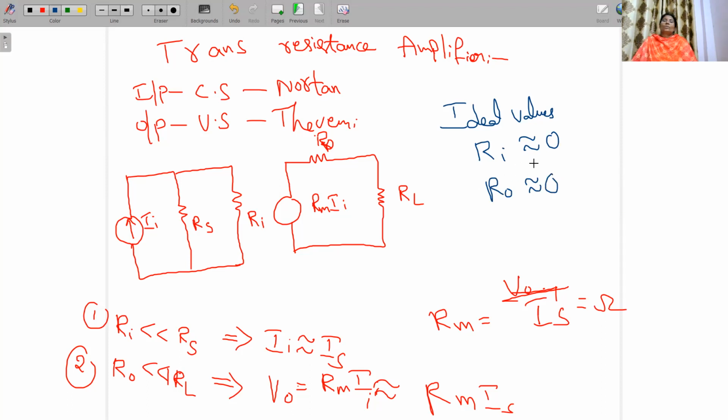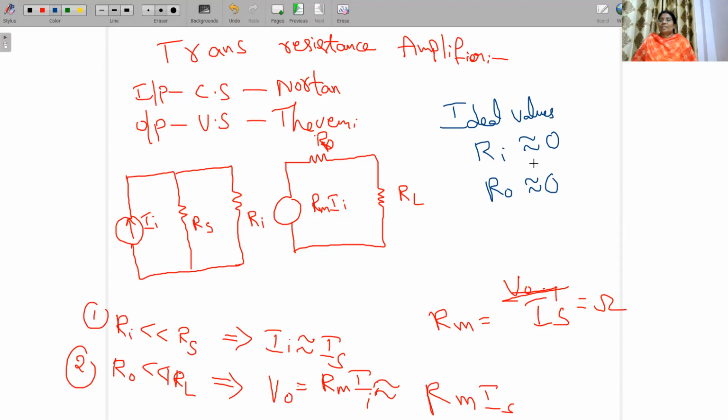So this is about the trans resistance amplifier. Today we have to discuss the classification of basic amplifiers: voltage amplifier, current amplifier, trans resistance amplifier, as well as trans conductance amplifier. Here we have to define the ideal values as well as the input and output resistances of voltage gain, current gain, trans resistance as well as trans conductance.